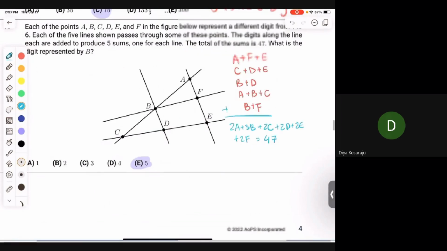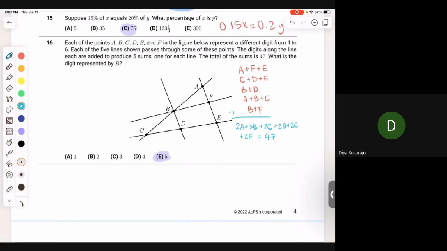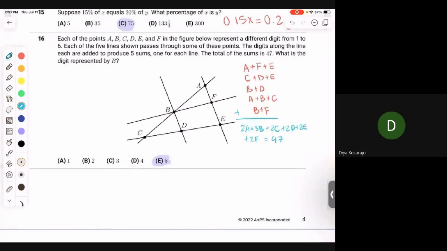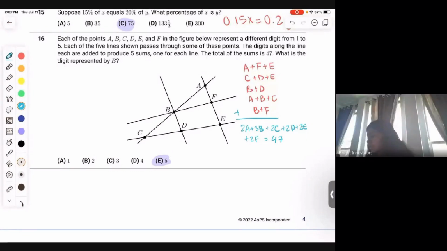So we're supposed to find out what B is. Pretty much after this, I did trial and error with the B. Trial and error for that question would take forever.